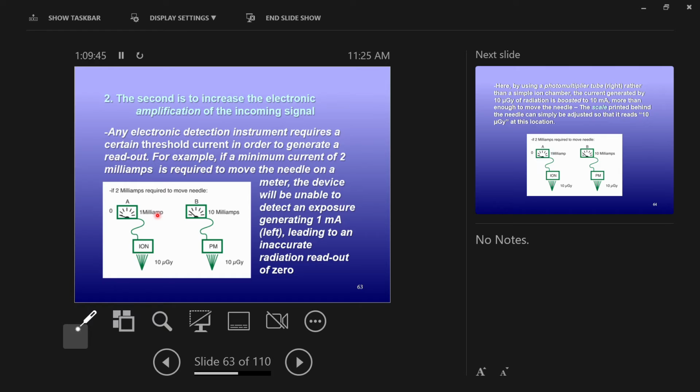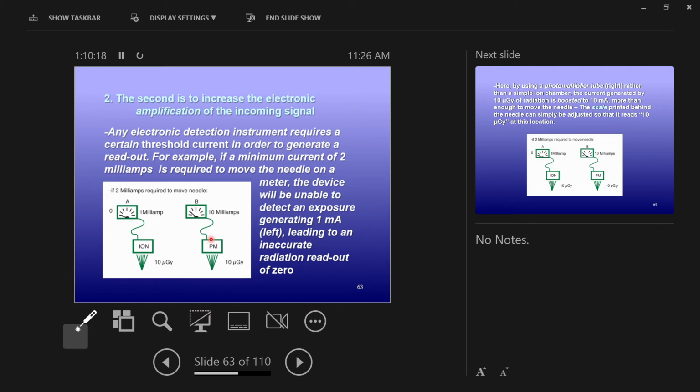You won't move the needle, you won't show anything. If instead your 10 microgray source is brought through your equipment and the equipment amplifies the amount of electricity generated from that to 10 milliamps instead of 1 milliamp, well then your needle's going to move and you're going to show that you had detected some radiation.